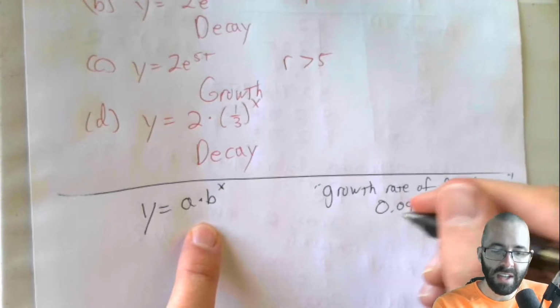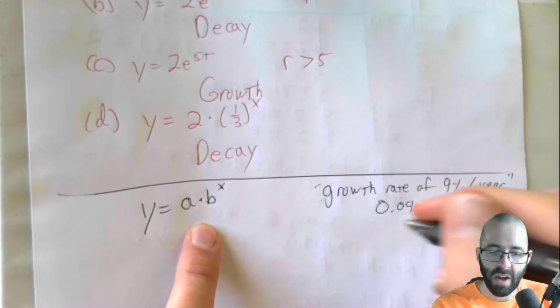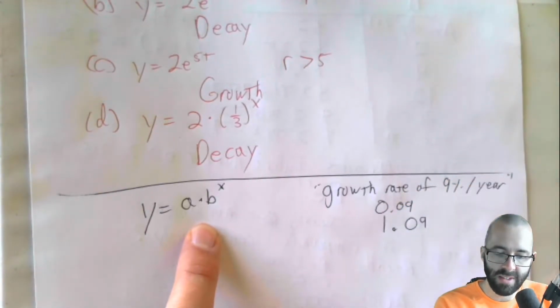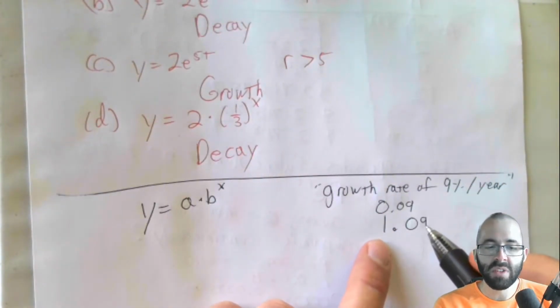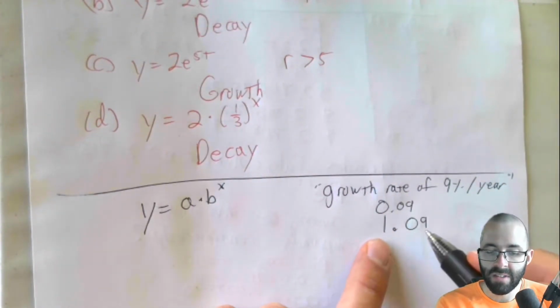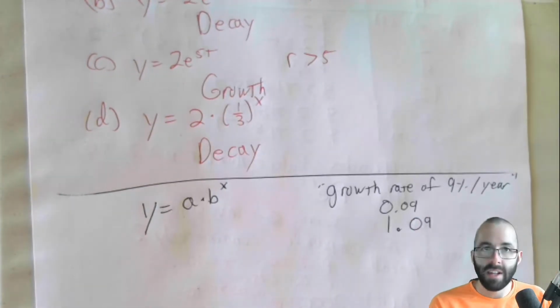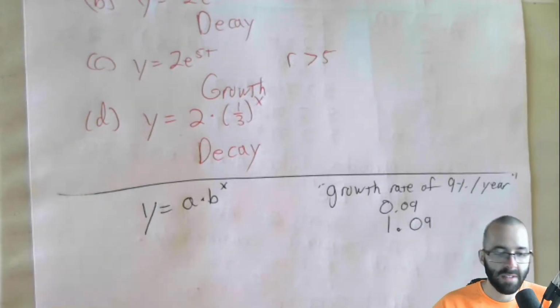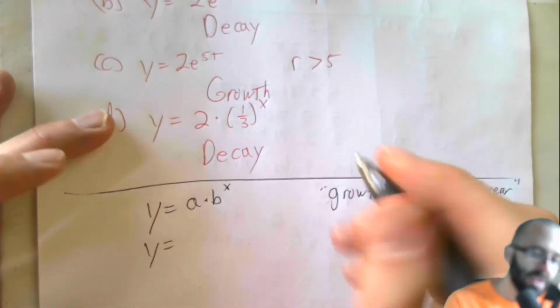So it's not getting multiplied by 0.09. It's actually going to be 1.09. If I multiply 100 by this, we get 109. Good. That's a growth of 9%. So that's exactly what we do to start off here.